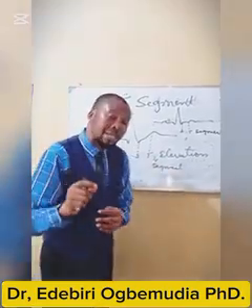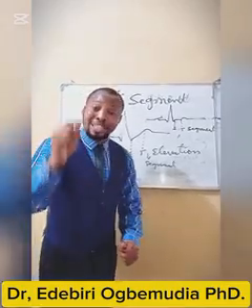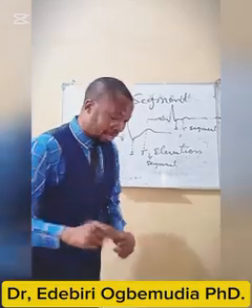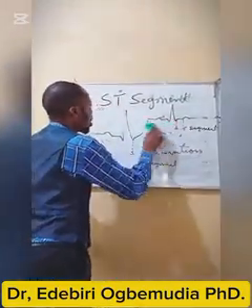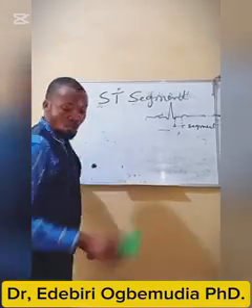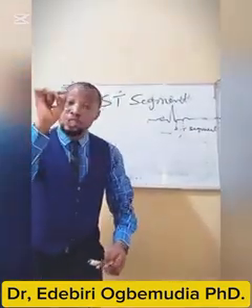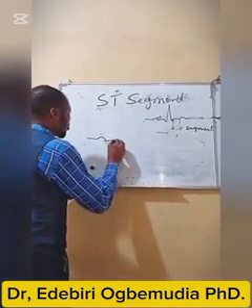But most especially, the ST segment is elevated when an individual is presenting with ischemic heart disease. That will now take us to another diagram, when the ST segment is depressed. This is it.